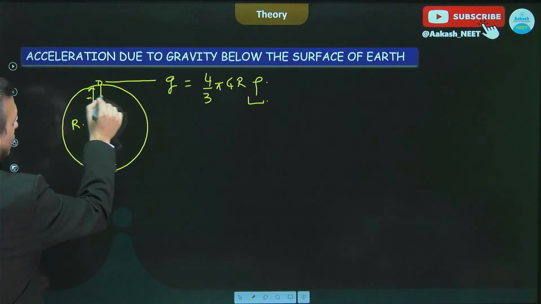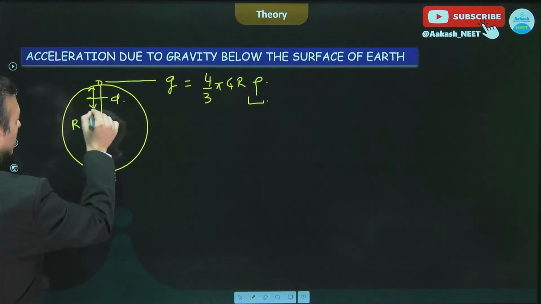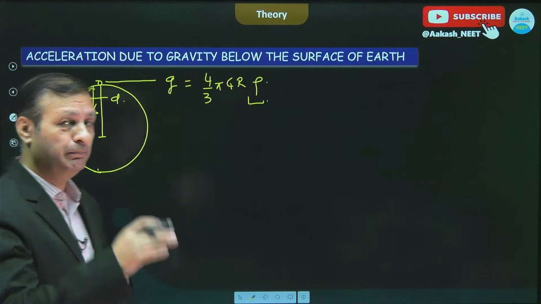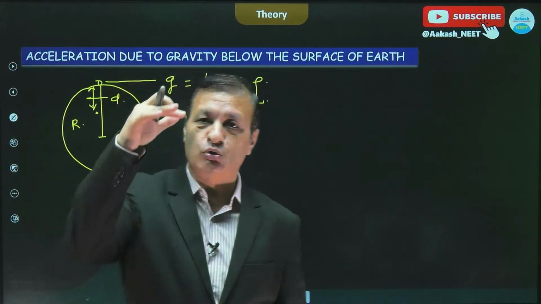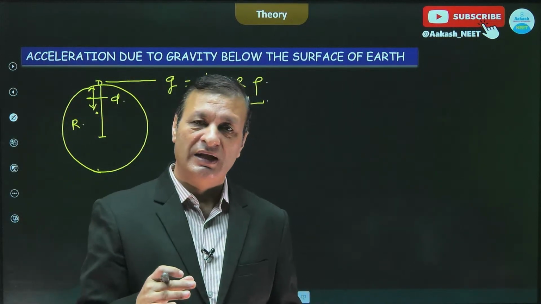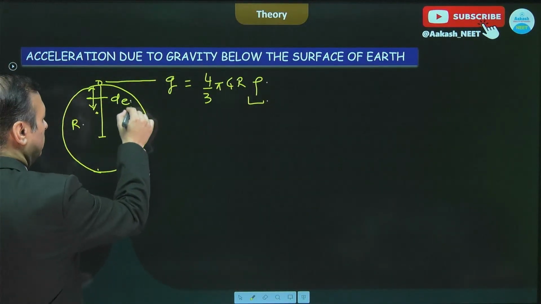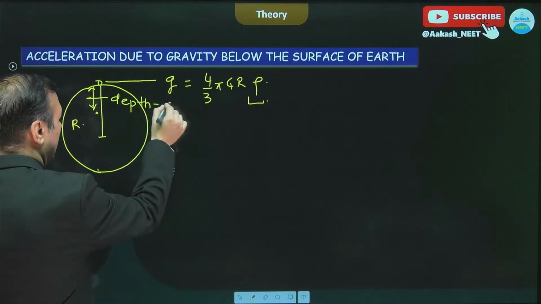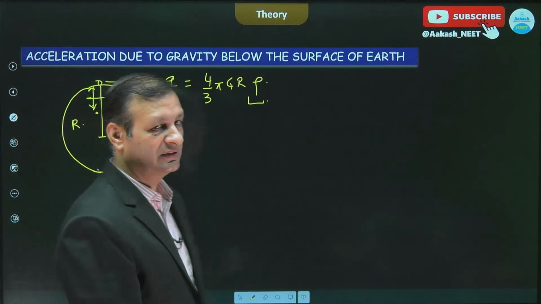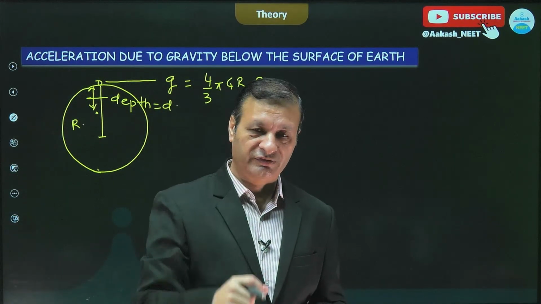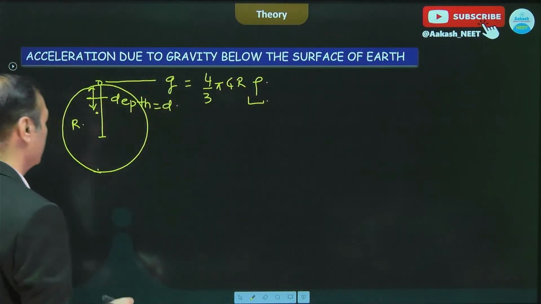Let's suppose you move to a point at depth d below the surface. It means you are going inside the Earth, and that is basically depth. So I am mentioning this depth as d, and this depth is from the surface.